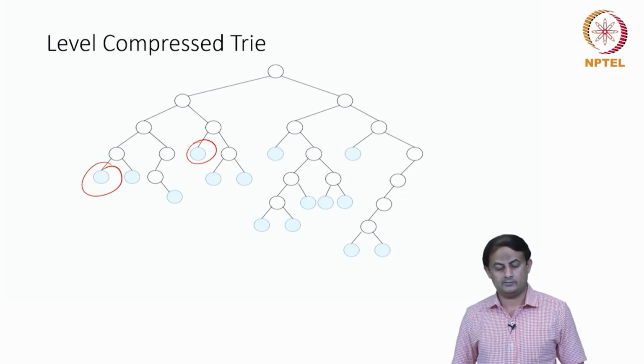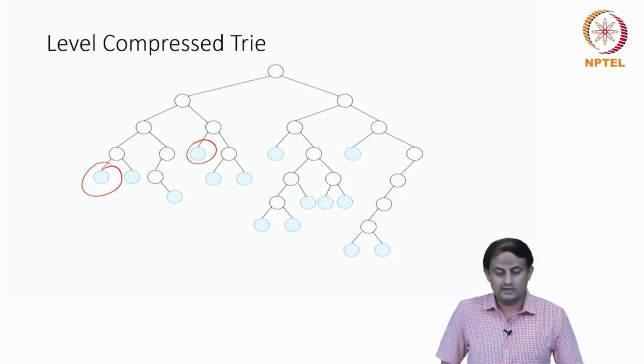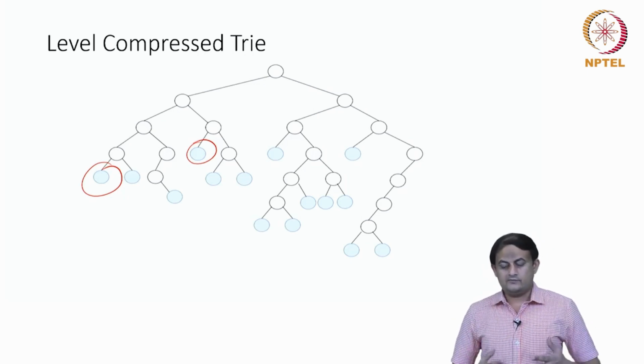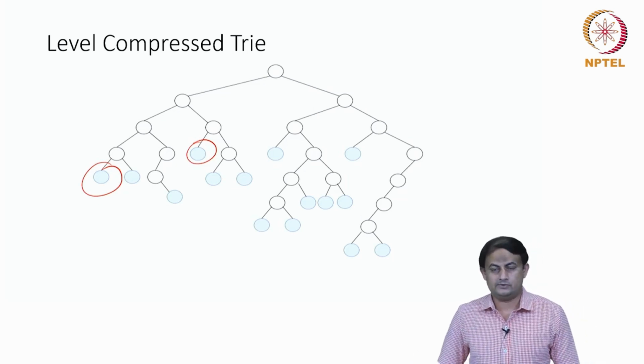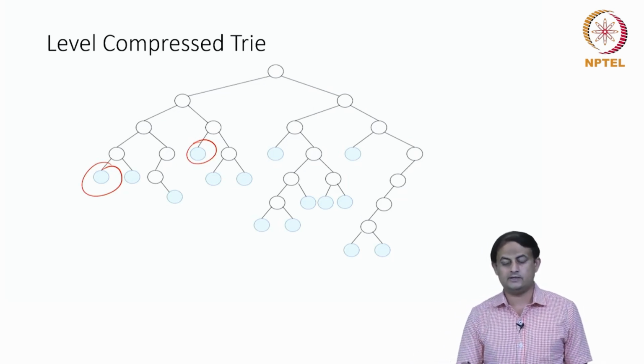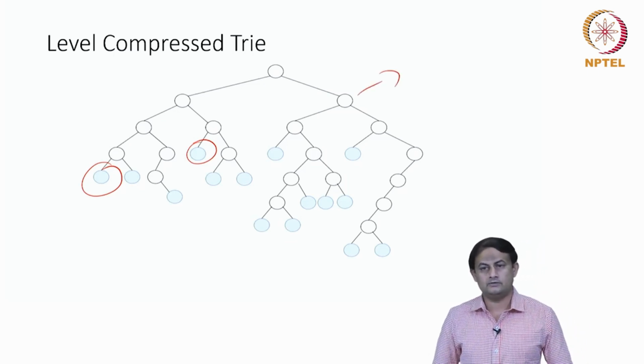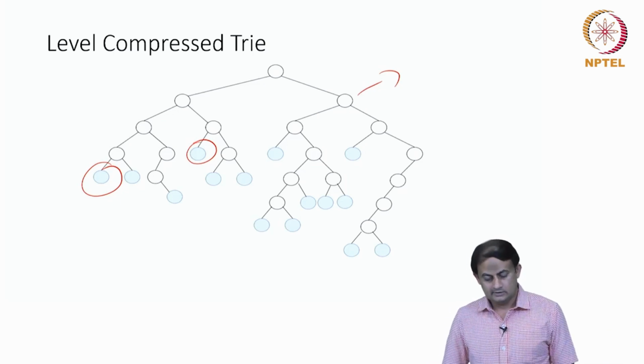It indicates that a prefix is matched at that node. One interesting fact about this trie structure is all the markings are at the leaf nodes. There is nothing at the intermediate nodes. For example, this node is not marked. Similarly, several other nodes, including the root node, are not marked.